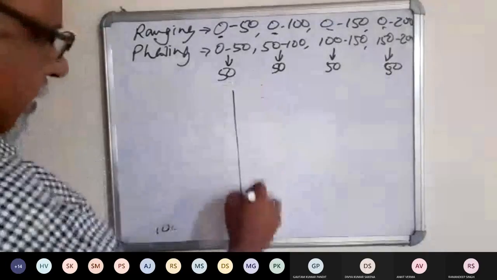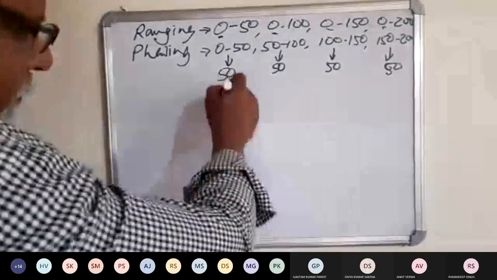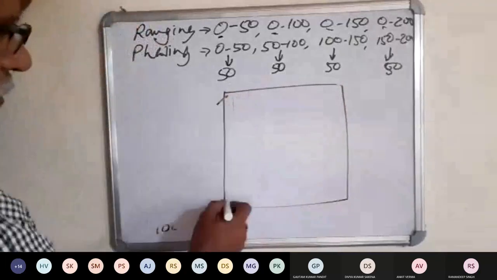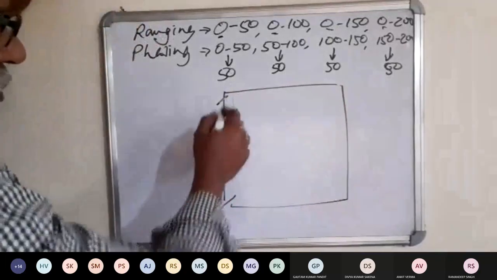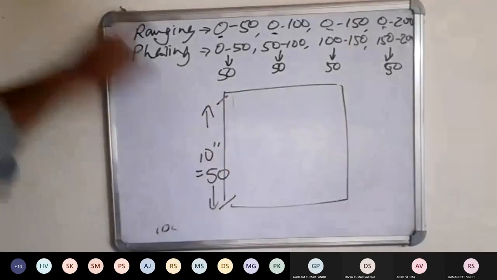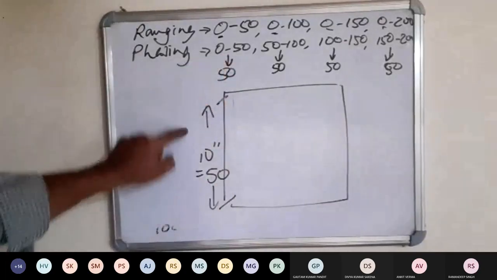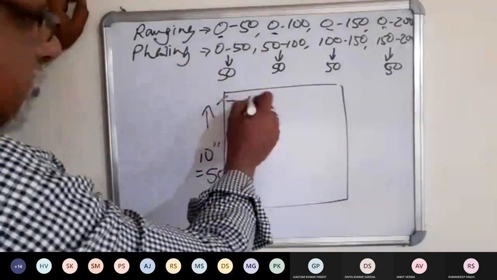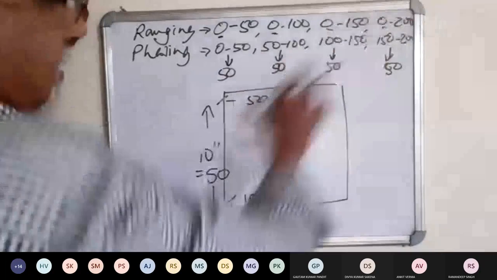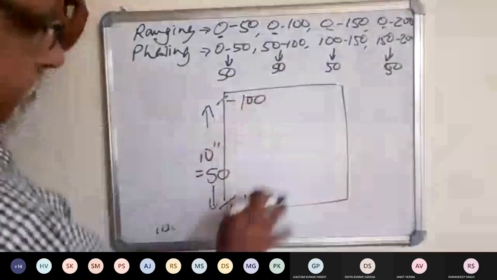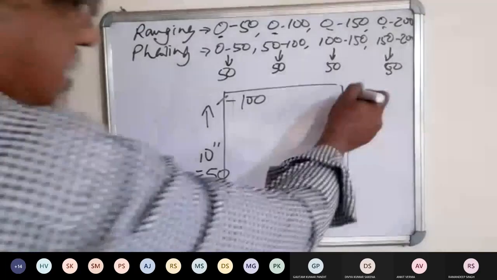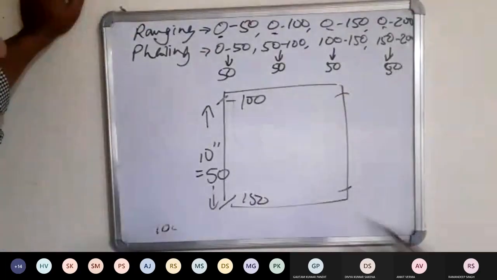That means in case of phasing, that 10 inches of paper is always representing 50 meters. Is that right or not? If I select this range, it is 50; if I select this range, here it becomes 50, here 100, again 50. If I select the next range, this is 100, this is 150, still 50. So the distance from here to here is the same all the time.